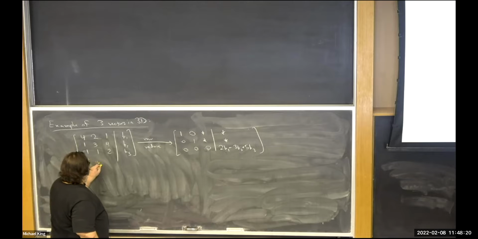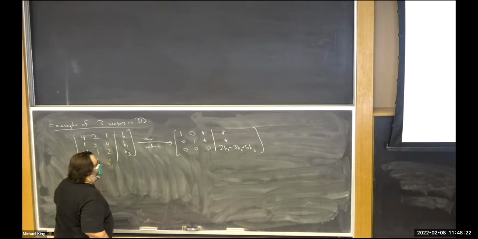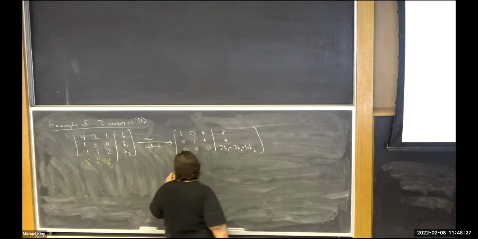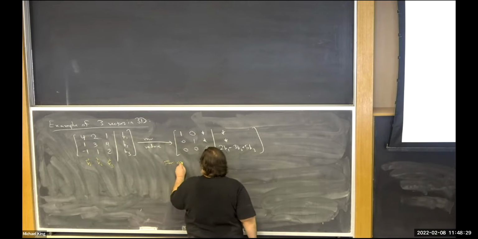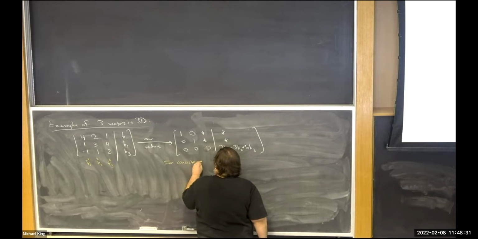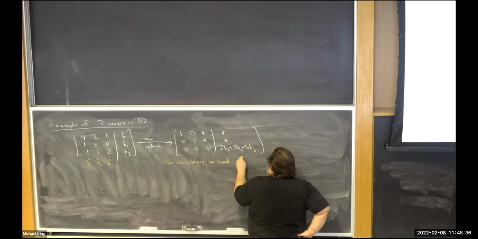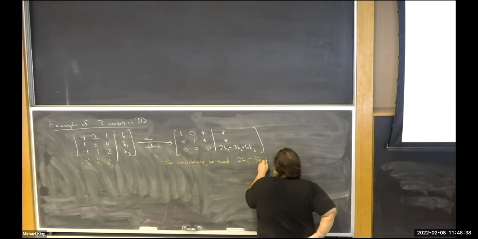V1, V2, V3. And this last equation says that, for consistency, we need 2b1 minus 3b2 plus 5b3 to equal 0.